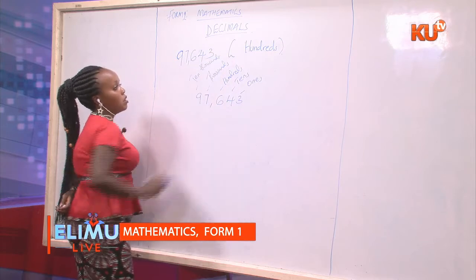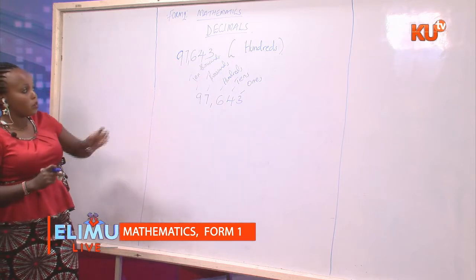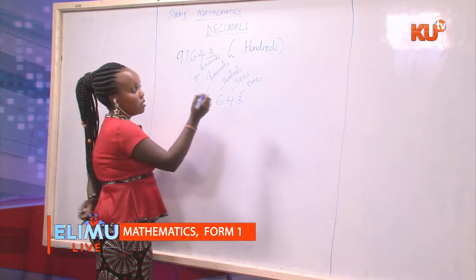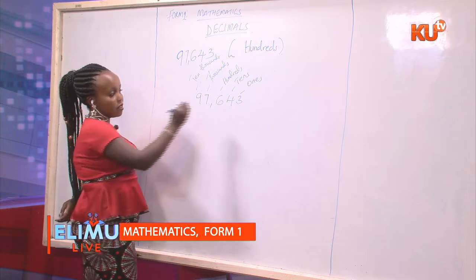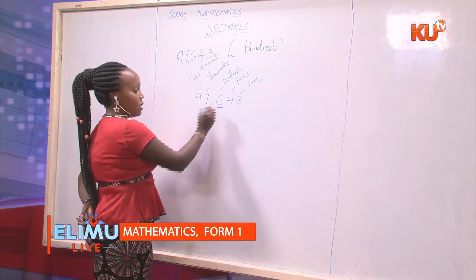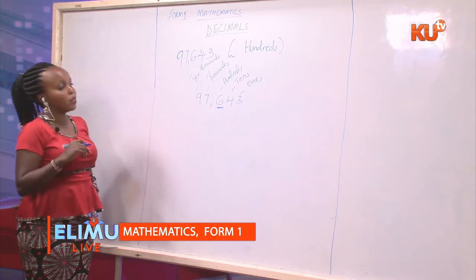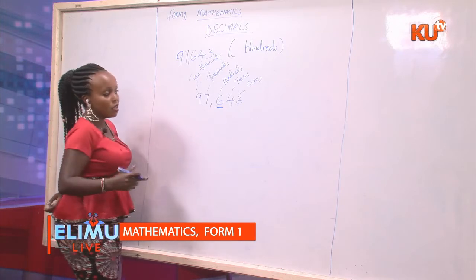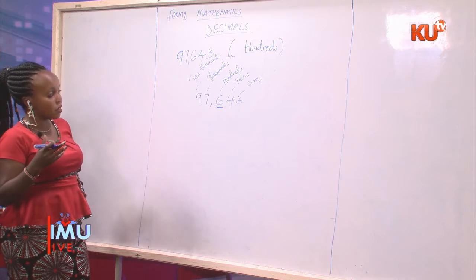So we've been told to round off that number to the nearest hundred. As you can see, the digit which is at hundreds is digit 6. But we are going to look at the previous digit, because the 6 is the one that will be affected. If the digit afterwards is above 5, we are going to add 1.